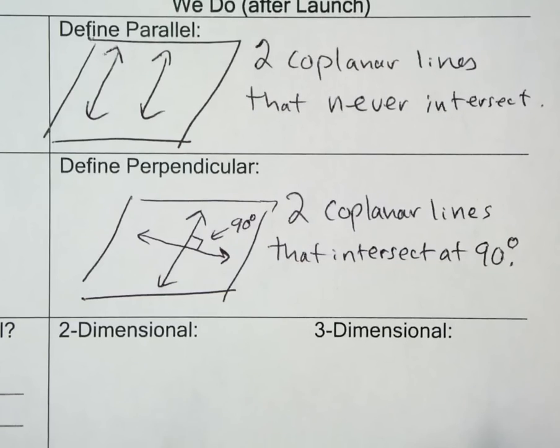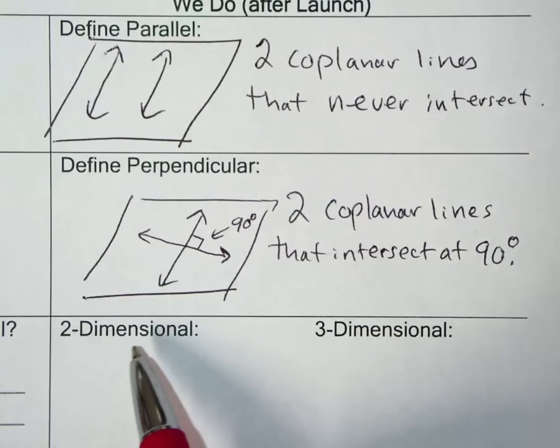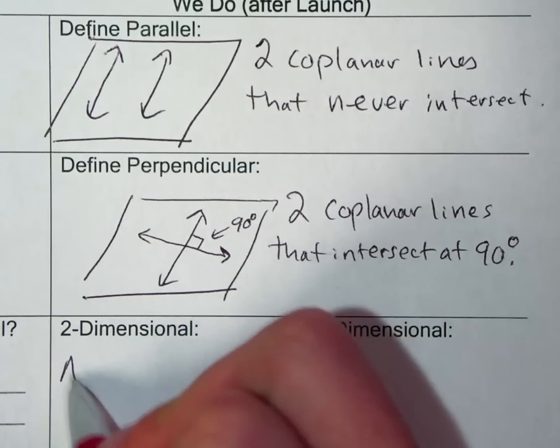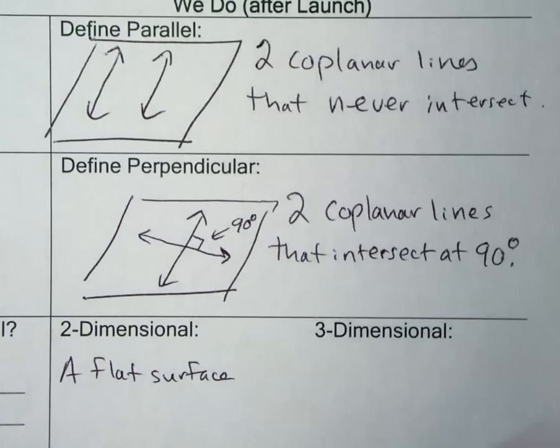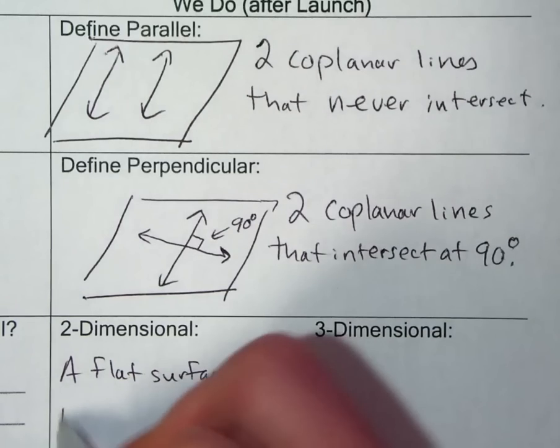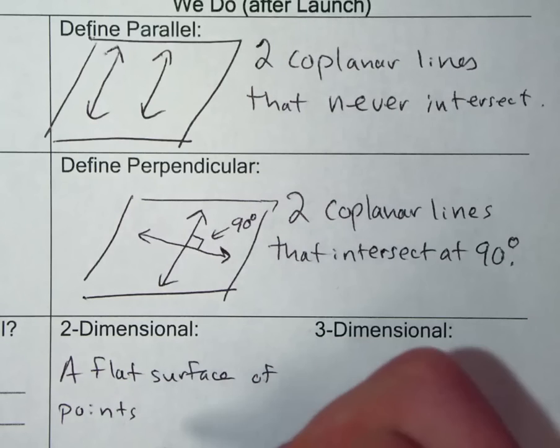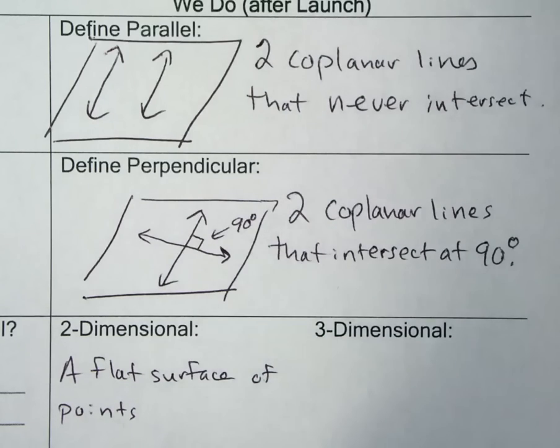Now, coplanar is really talking about two-dimensional because two-dimensional is a flat surface. Okay, so like a flat surface of points, really. And it's represented by length and width.